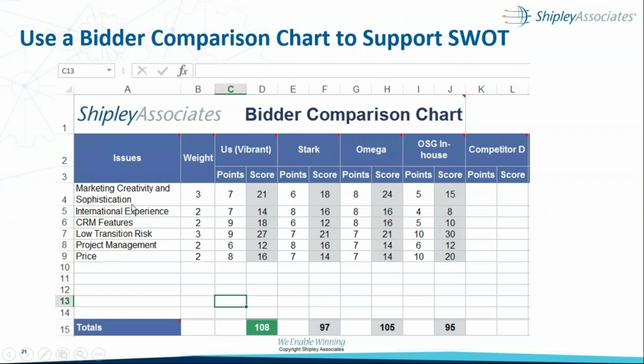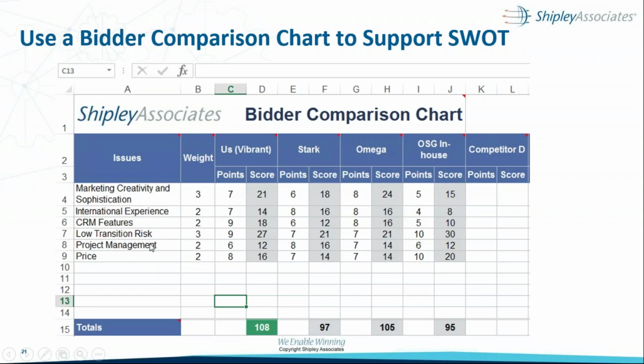And Daryl talked about hidden issues, some of the underlying hot buttons. So very simply in this tool, and we won't go through it all, obviously, there are some issues that we should know about if we're bidding or pursuing an opportunity. We list those down the left-hand side here. Issues, hot buttons.